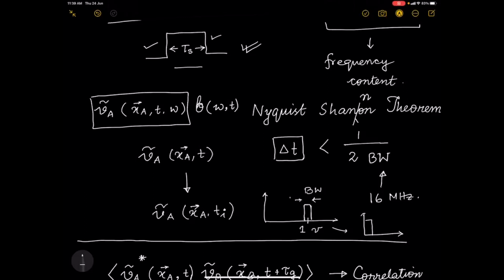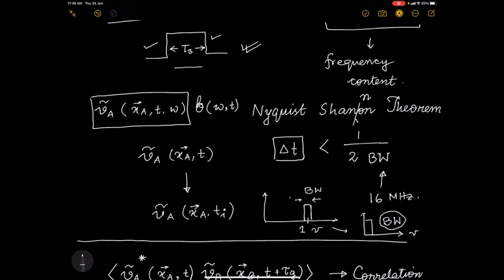So now the highest frequency signal that I want to observe is just the bandwidth of the signal. Imagine that you wanted to see 1 gigahertz minus 16 megahertz to 1 gigahertz plus 16 megahertz. But that 1 gigahertz minus 16 megahertz is now shifted to 0, and 1 gigahertz plus 16 megahertz is at 32 megahertz.